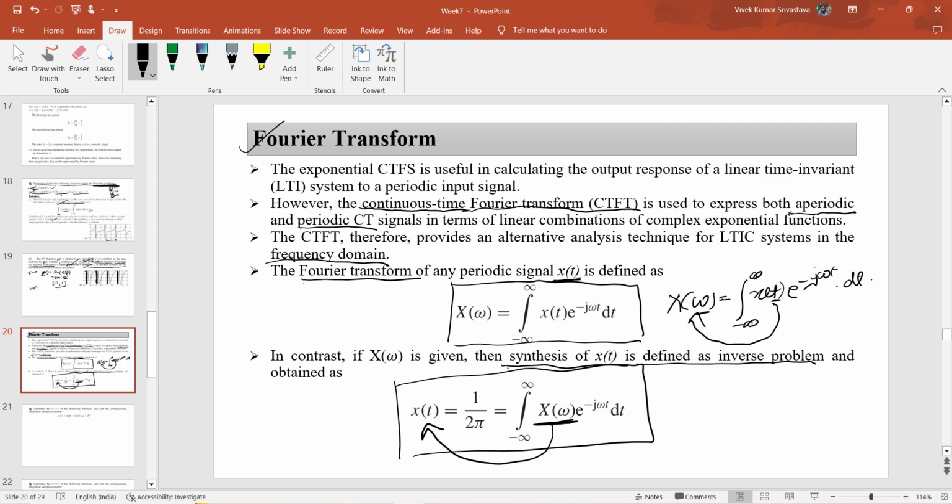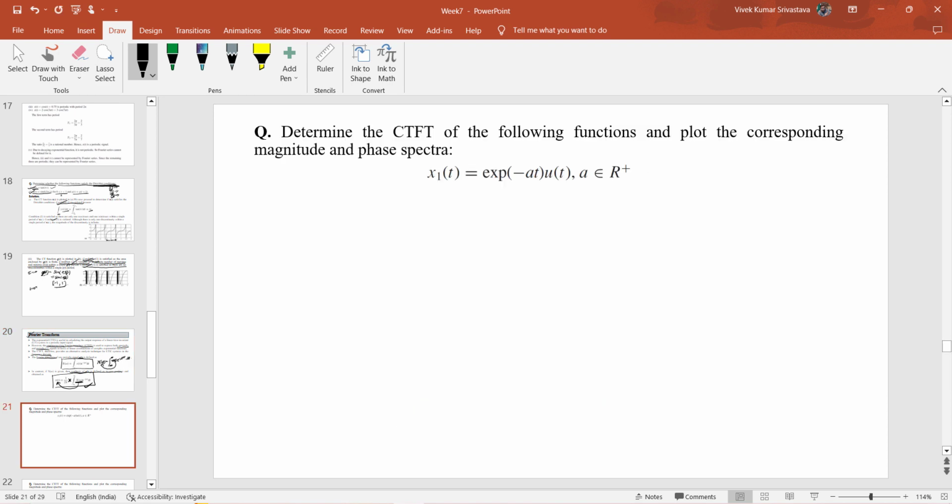Oh sorry, this will be multiplication, not equals to. I hope the Fourier transform is clear to you.